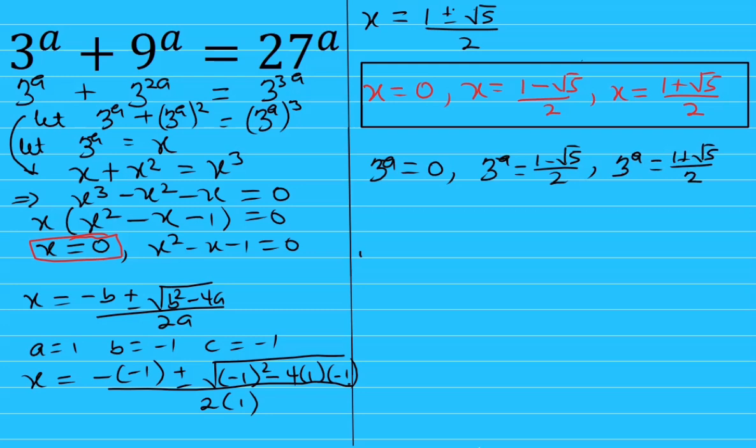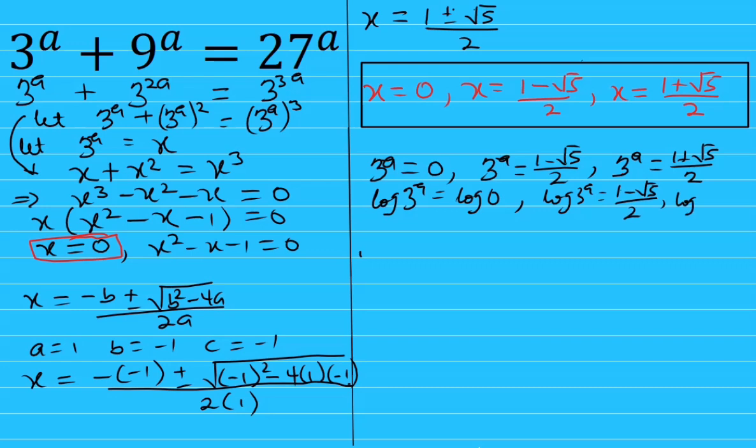Looking at the nature of these equations, we have to apply the idea of logarithm. When you take the log of both sides, we have log 3^a equal to log 0, and also log 3^a equal to the log of 1 minus root 5 over 2.